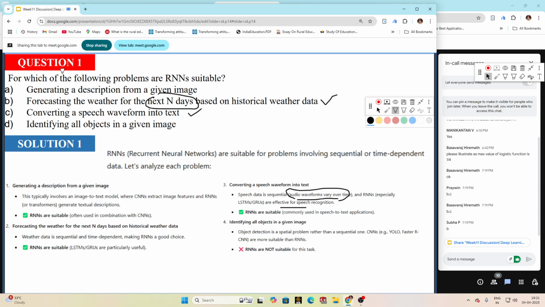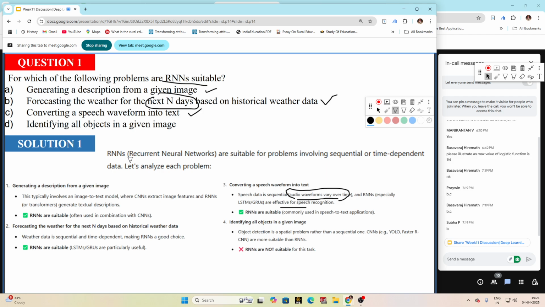Here the question is asking for which problems RNN is suitable. So you can say this is partially right. Yes, RNN is used, but before using RNN we have to apply the CNN. So this is partially correct, but as RNN is suitable, let's say it is correct.